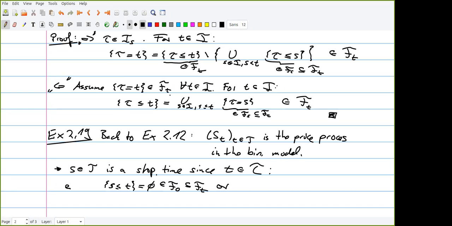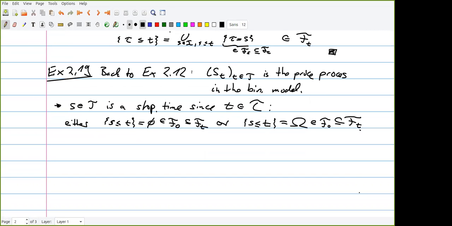Or s is less than or equal to t, so for all omega this is the whole space, and the whole space is again by definition of a sigma algebra in F0, and in particular in Ft.